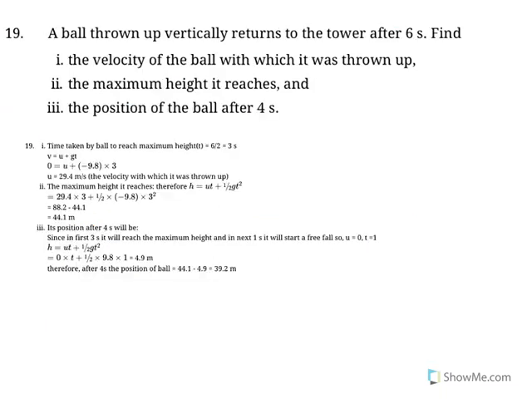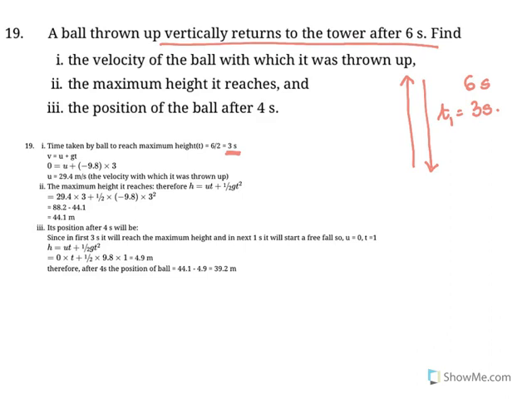A ball thrown up vertically returns after 6 seconds. So to go up and come down, total time is 6 seconds. Therefore, to go up, it will take half of it, that is 3 seconds. So the time taken by the ball to reach the maximum height will be 3 seconds.